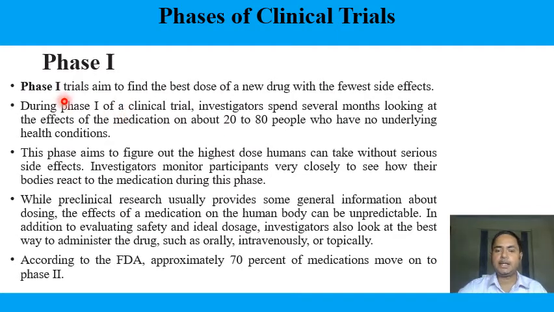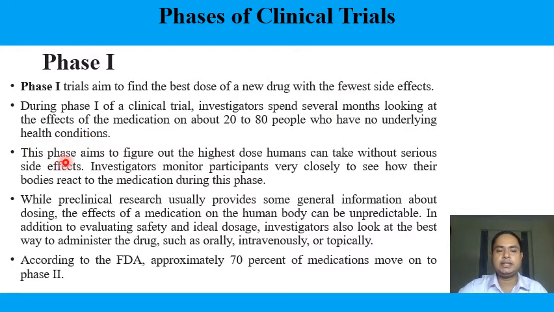The phase 1 trial aims to find the best dose of a new drug with the fewest side effects. During phase 1 of a clinical trial, investigators spend several months looking at the effect of the medication on about 20 to 80 people who have no underlying health conditions.